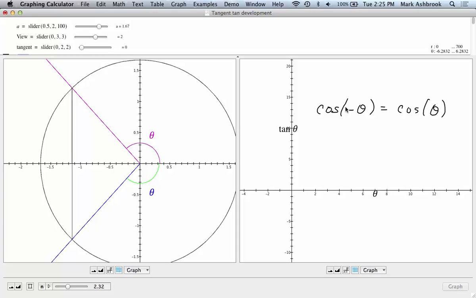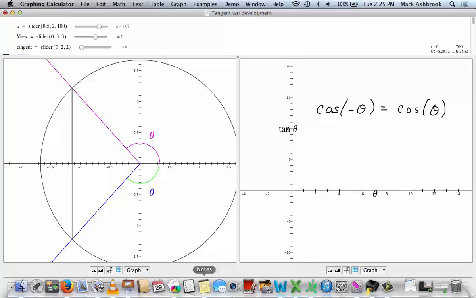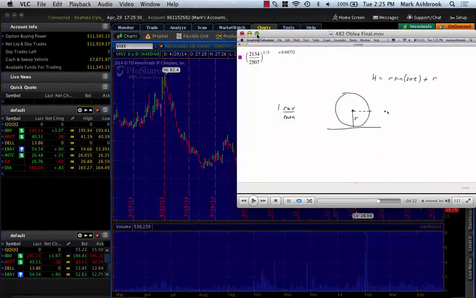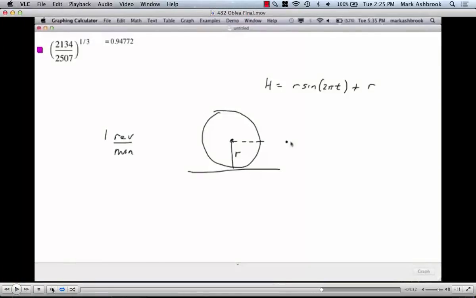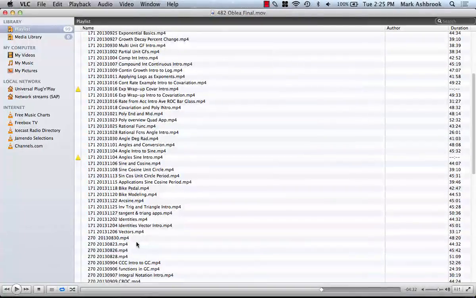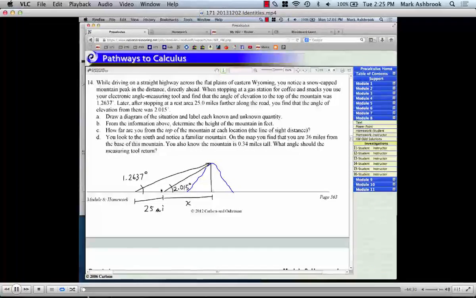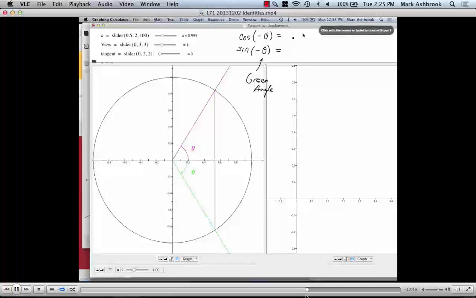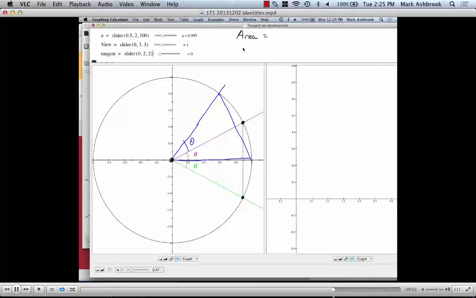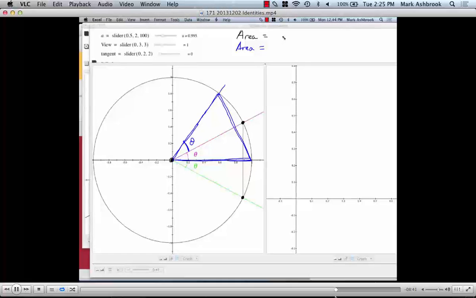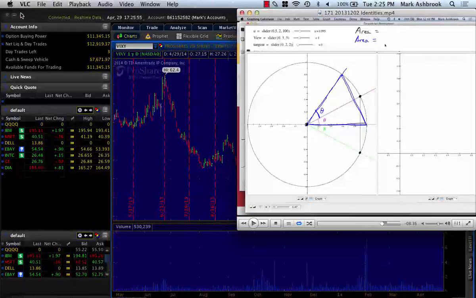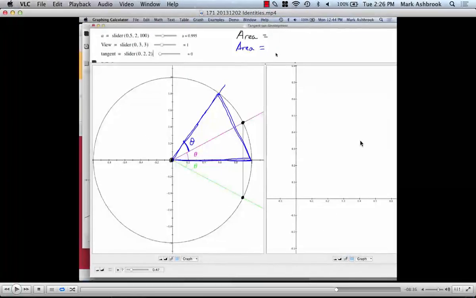Okay, so then the last one is kind of a cool derivation of 1. Let's see if it's still up here. Okay, so this is angle elevation 1.2. I want it bigger, not smaller.